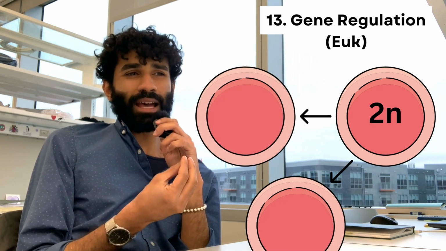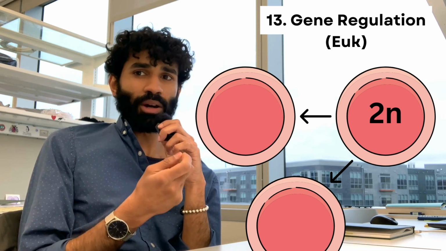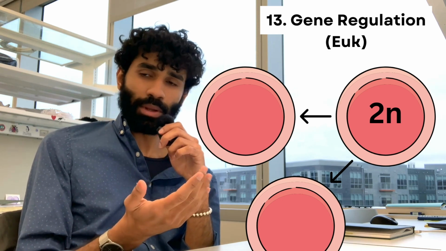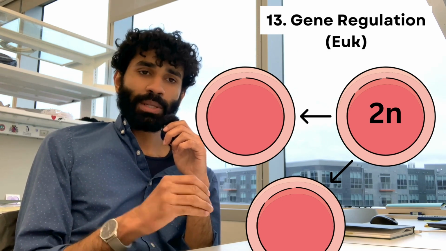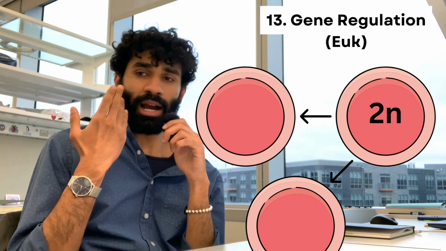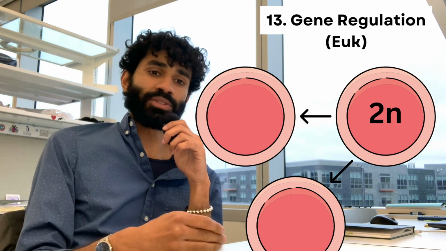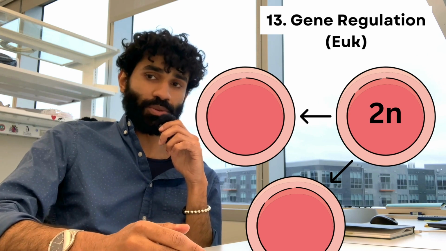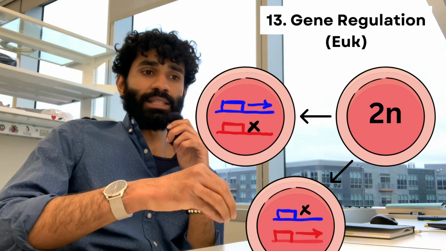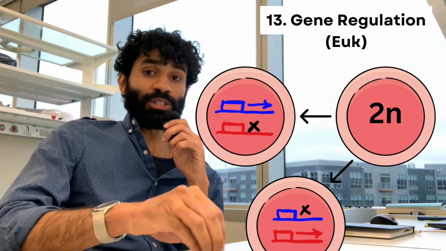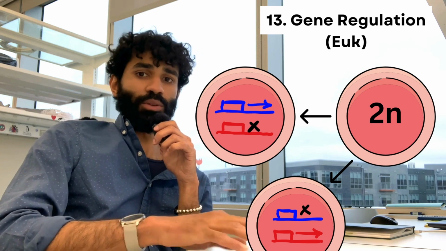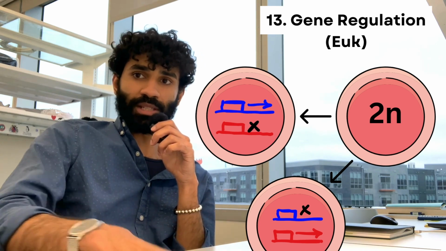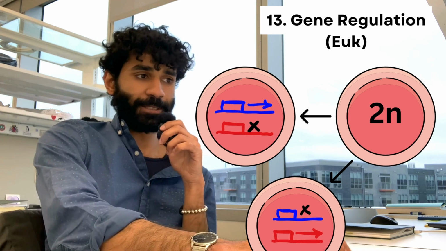So what that means is that all of the cells in your body essentially have the same DNA sequence, by and large. But then what makes that cell in your eye different than the cell in your toe? And the answer is you have the same DNA in those 2 cells, but it's the differential expression of the genes in those 2 cells that result in the diversity of cells that you see today in your body.